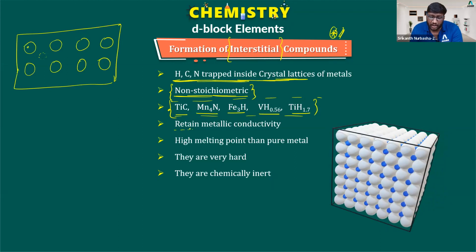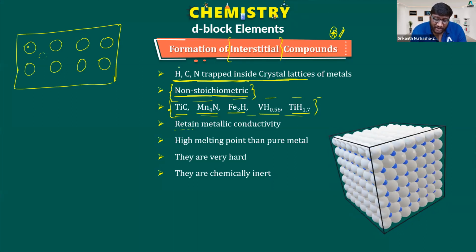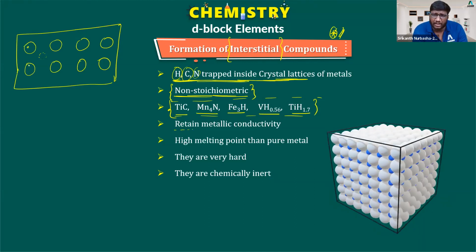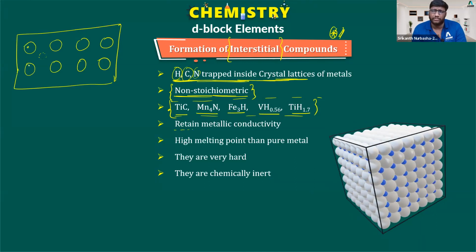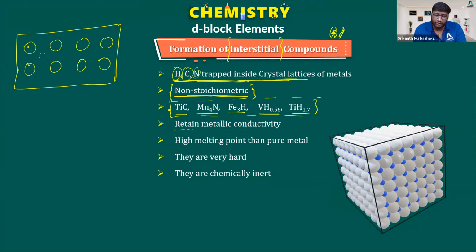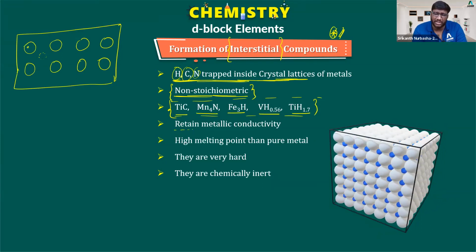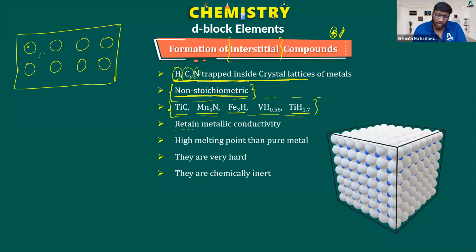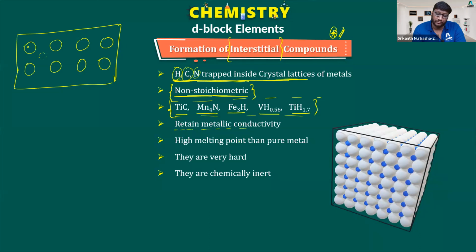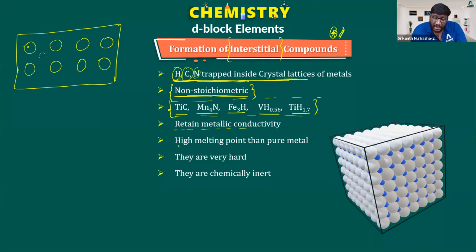Because of the placement of hydrogen, carbon, nitrogen at the interstitial sites, are the free electrons disturbed? No, they are still present. The free electrons are never disturbed, so they retain metallic conductivity. And they have a high melting point.